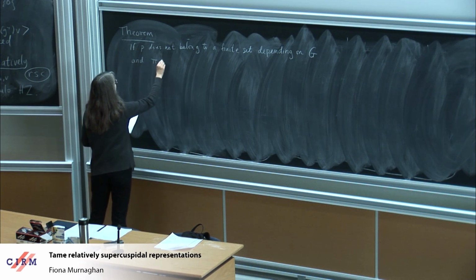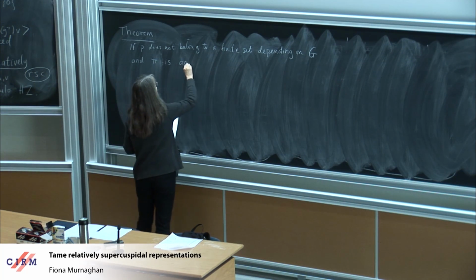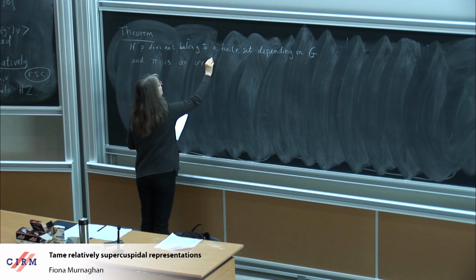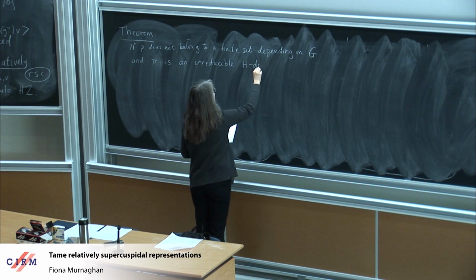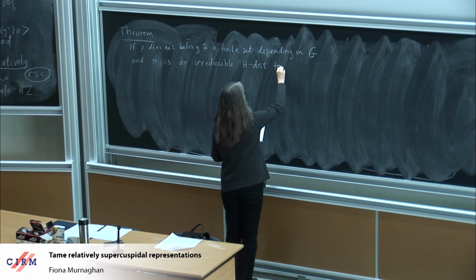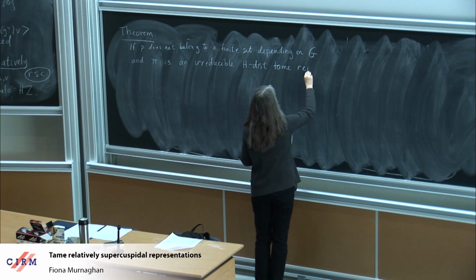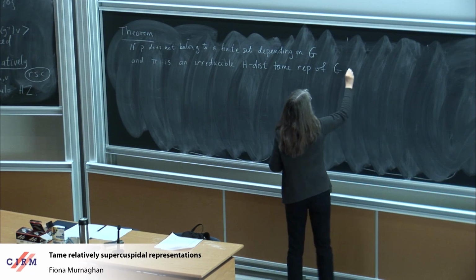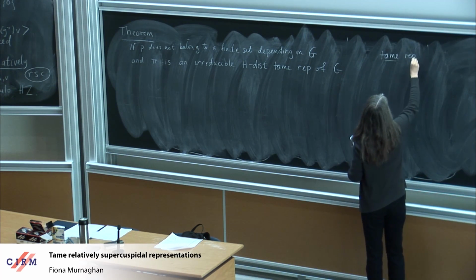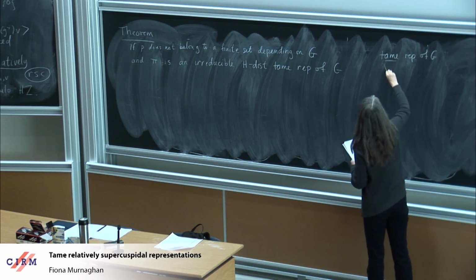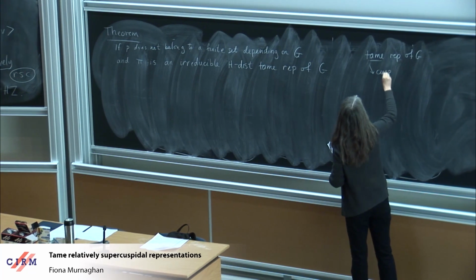And pi is an irreducible H-distinguished tame representation of G. So a tame representation of G means the obvious thing: cuspidal support is tame.